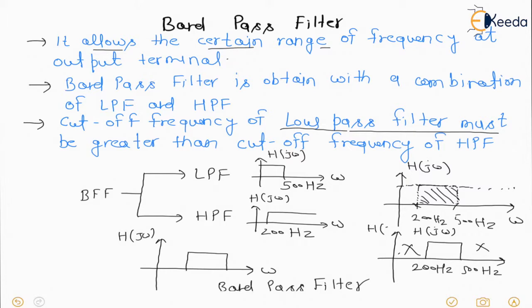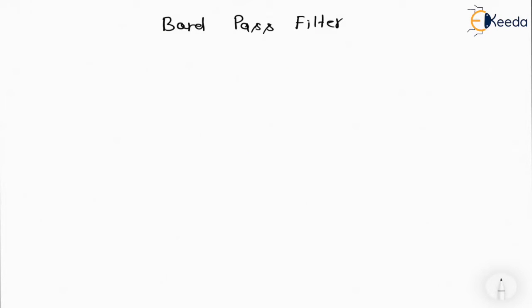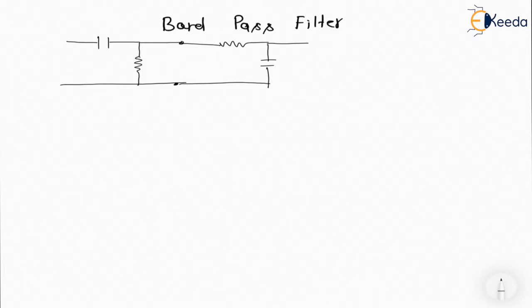Now I am drawing the example. This is high pass filter and this is low pass filter. It is a cascade connection of low pass filter and high pass filter.